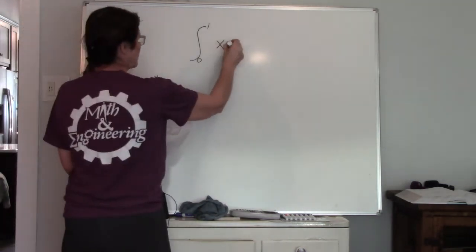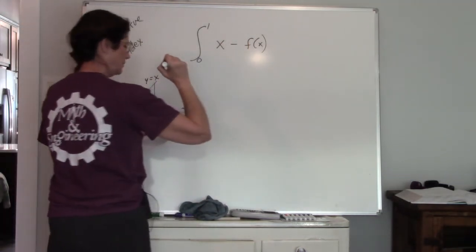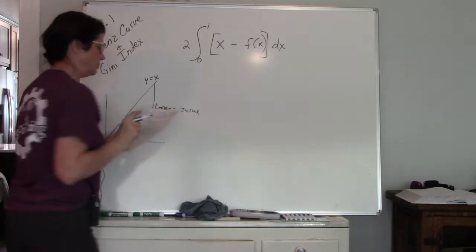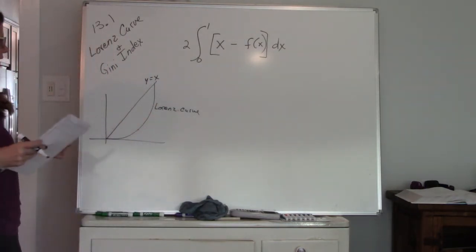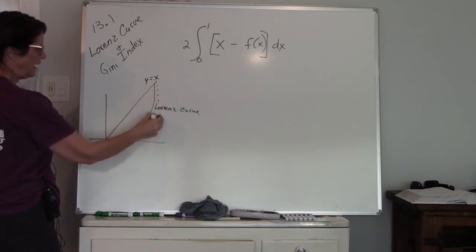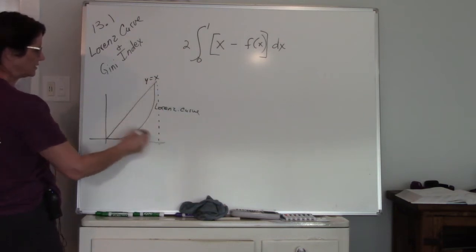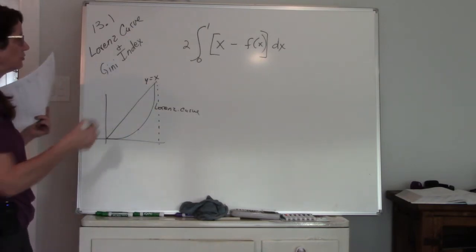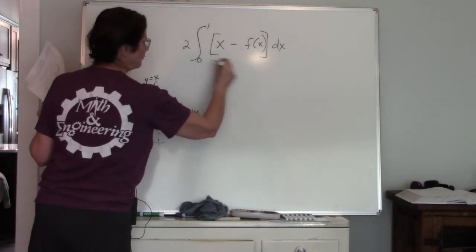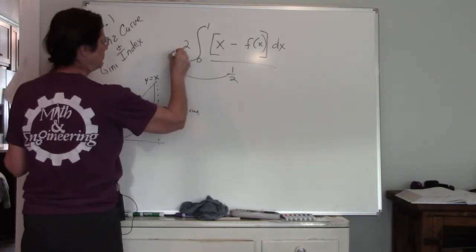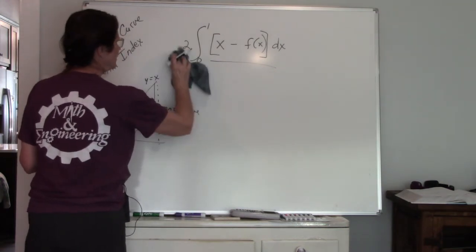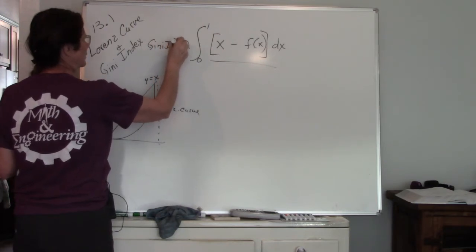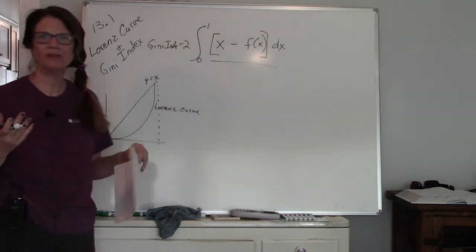And then we subtract off whatever our function is, dx. And we're going to multiply this by 2. Where that 2 comes from is, if I had that perfect inequality, this is a triangle, so we are cutting it in half. That's where the 2 comes from. If I divide this whole thing by a half, I flip it and multiply by 2. So this is the formula to find the Gini index.